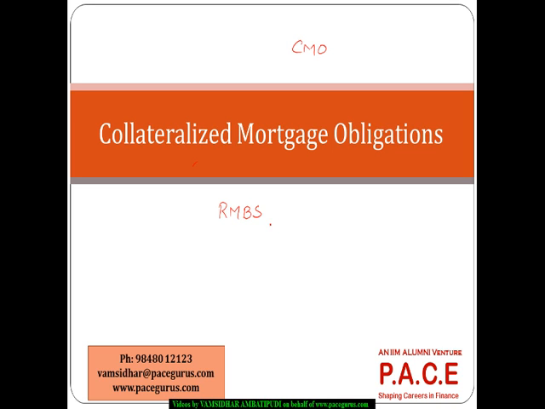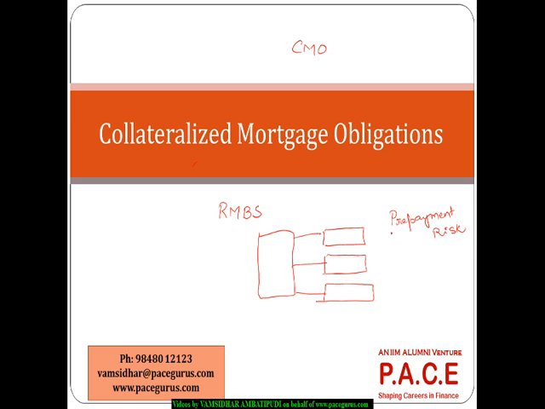They are like a security of securities, and the difference is that whatever the different CMOs that are getting created, they have multiple tranches, and each tranche has a different exposure to the prepayment risk. The main objective in creating these tranches is that the prepayment risk is getting structured out.